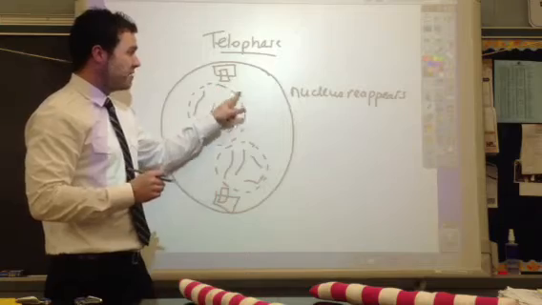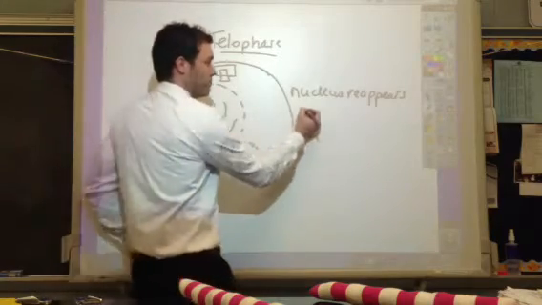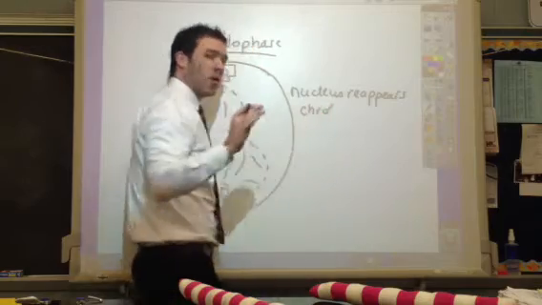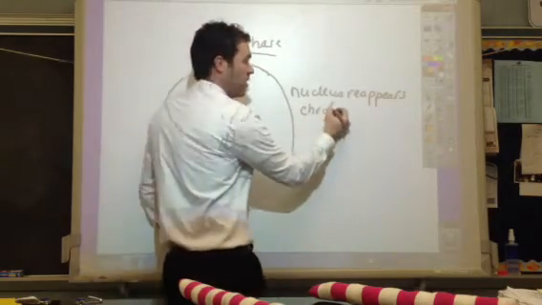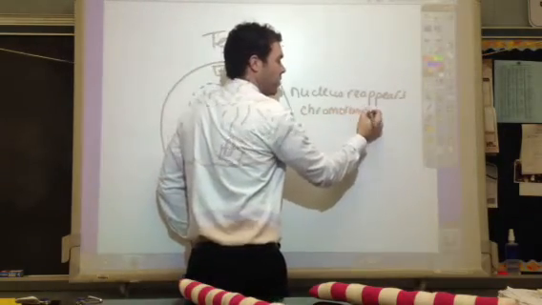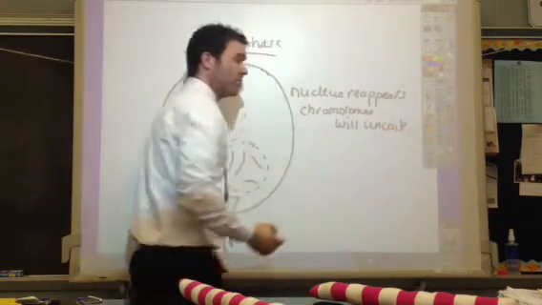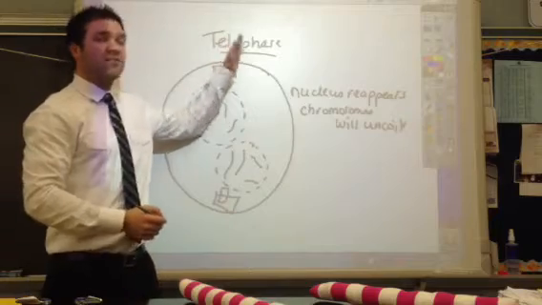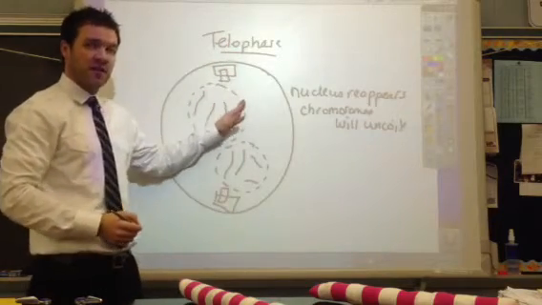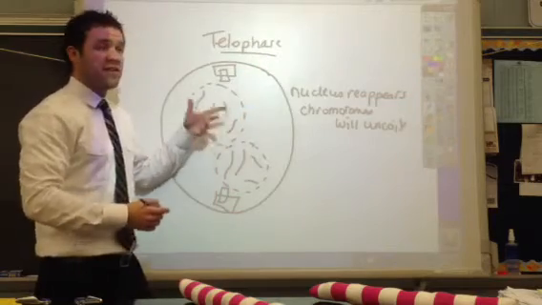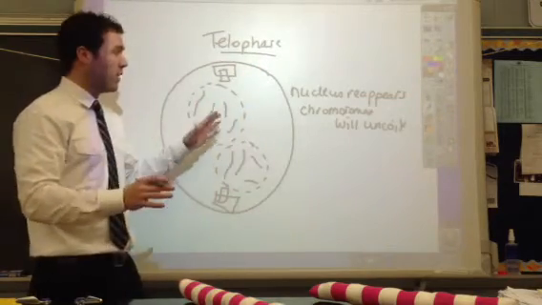So telophase, the nucleus reappears. What also is going to happen is, now that the replication process is over, the chromosomes will uncoil. Really, this is kind of early telophase, because you still have chromosomes. By the end of telophase, you don't have to draw it, but I just want to show you what will happen.